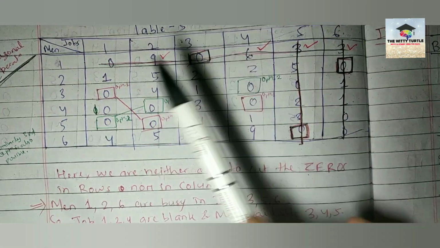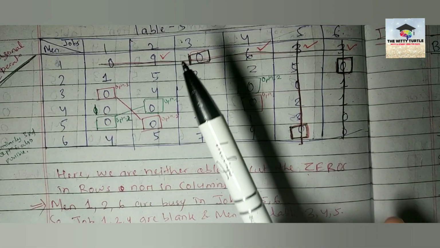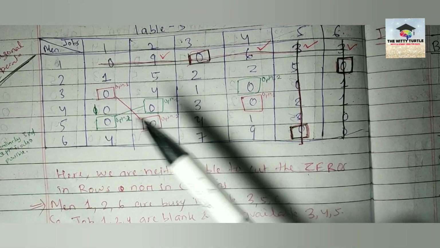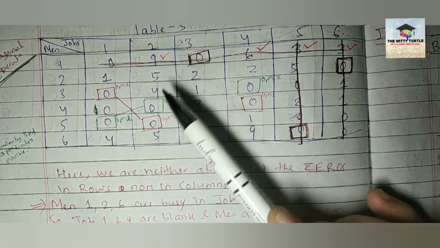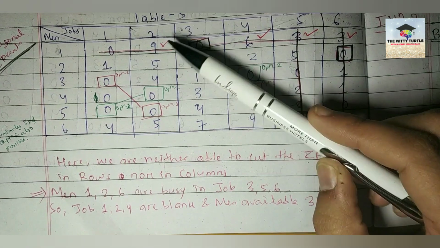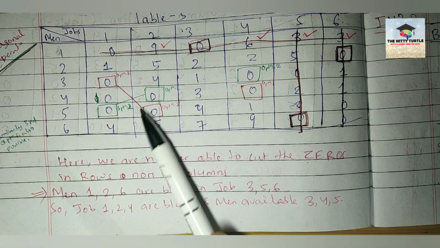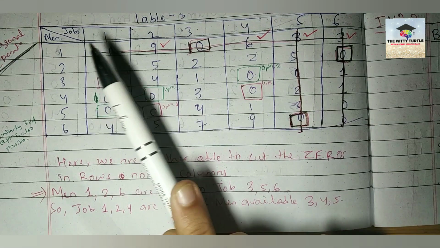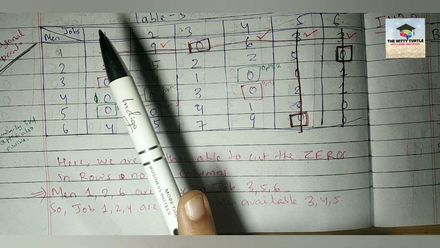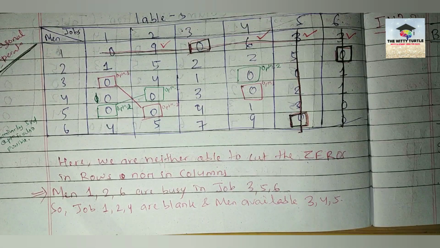In job 1, how many men do we have? 3, 4, 5 men are available for job 1. In job 2, men 4 and 5 are available also. And in job 4, men 3 and 4 are available. So basically to complete jobs 1, 2 and 4, we have men 3, 4 and 5.